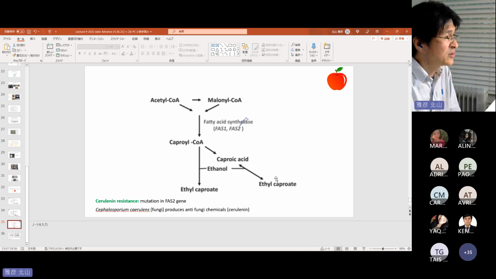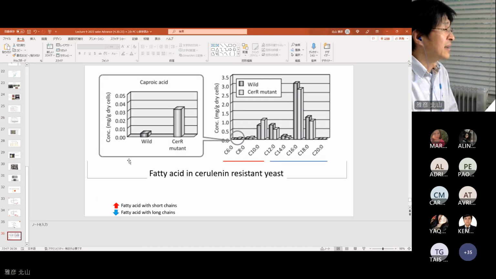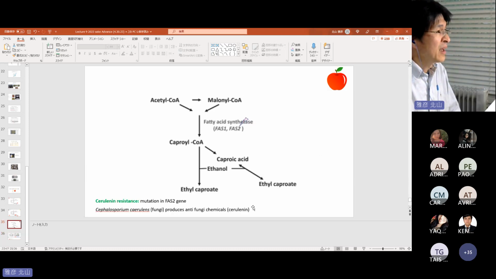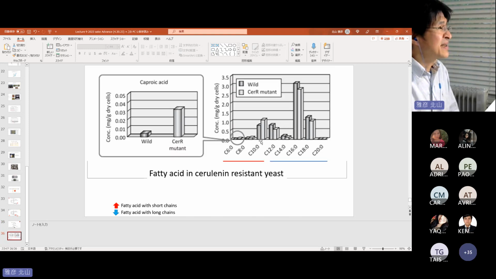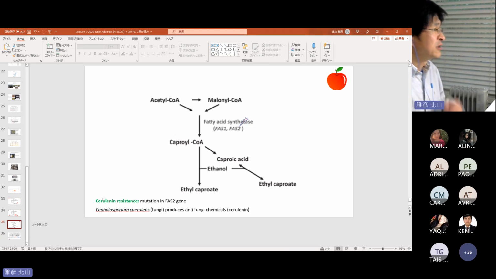So that very small size fatty acid production improved. As a result, ethyl caproate production also improved in these mutant cells, which have a mutation which makes resistance against cerulenin, an anti-fungal chemical.